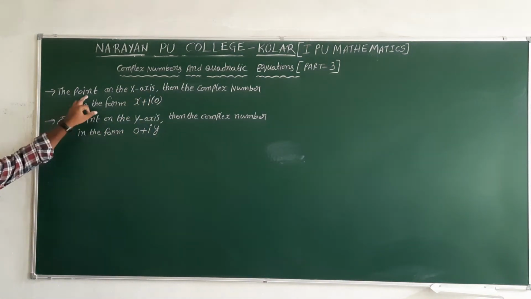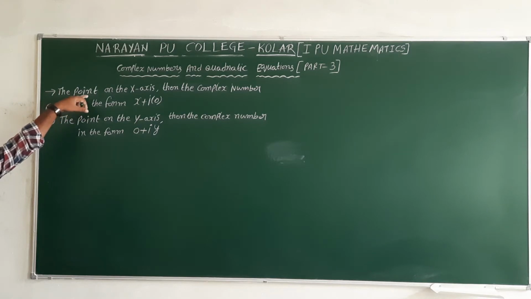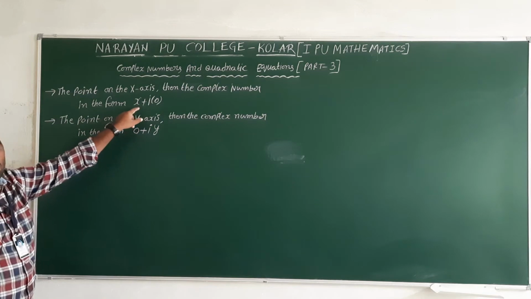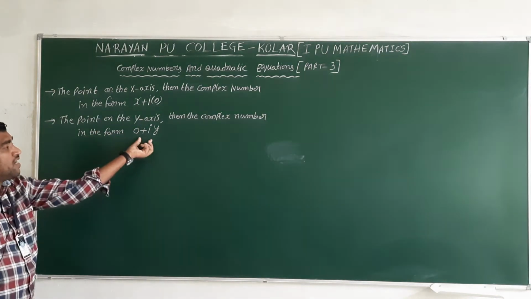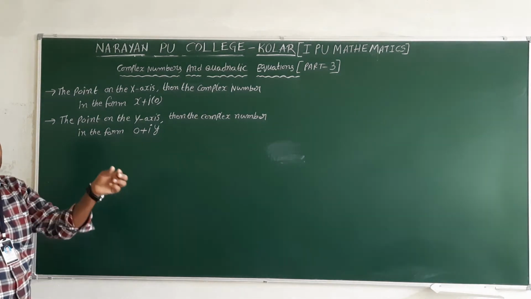That's why, in the argand plane, the x-axis we can call the real axis. Only the real part is there. And the y-axis we can call the imaginary axis.